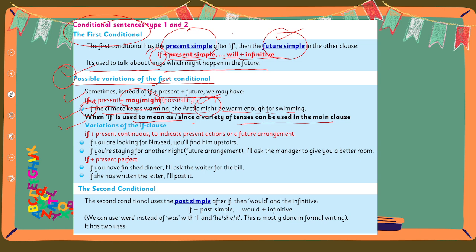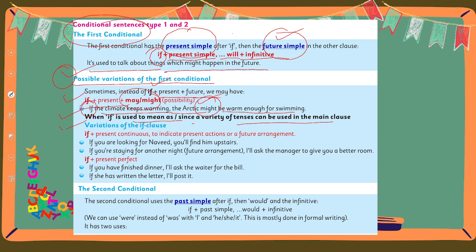Then you have the future aspect of that sentence. "If you are staying for another night," "if" plus your present continuous, then you have to make future arrangements: "I'll ask the manager to give you a better room." Then the future aspect is coming over here.